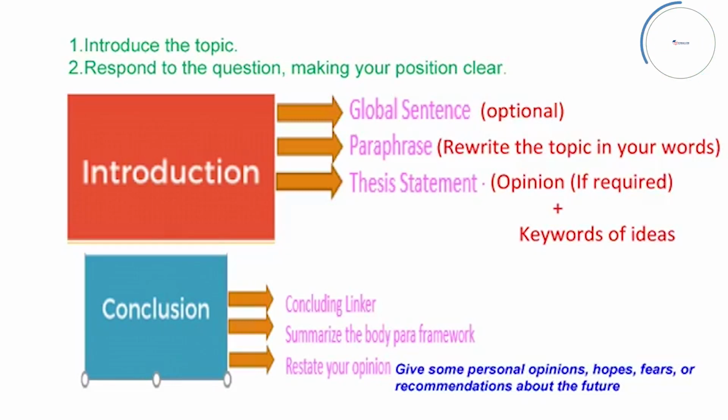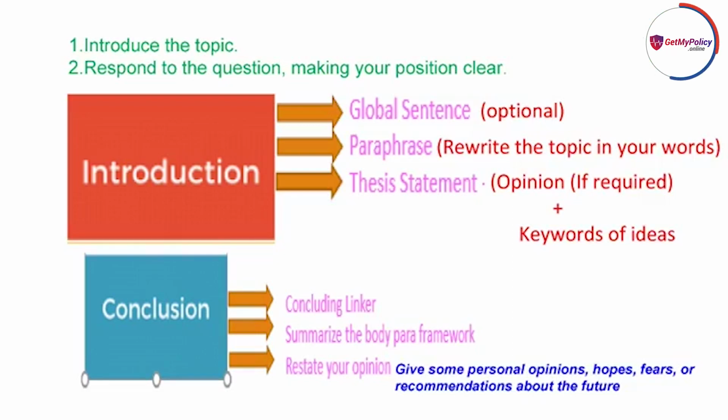So summarize the body paragraphs and then restate your opinion. Now read what I have written in that blue line: give some personal opinion, hopes, fears or recommendation about the future.